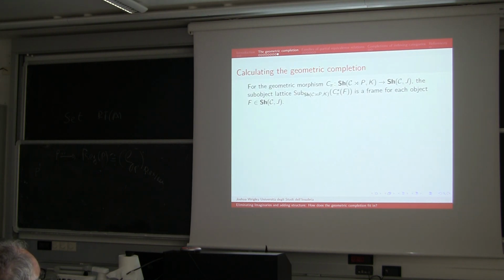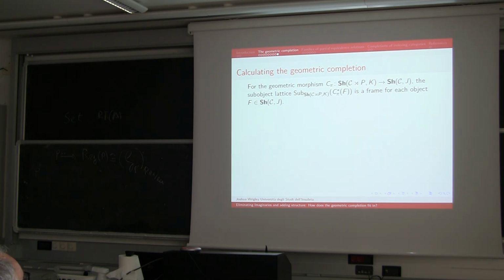Well, we know from earlier that the projection from a Grothendieck construction to its base category is a comorphism of sites, which means it induces a geometric morphism between sheaf toposes. And whenever we have an object in our codomain topos, then we can look at the lattice of subobjects in the domain topos of the image under the inverse image functor.